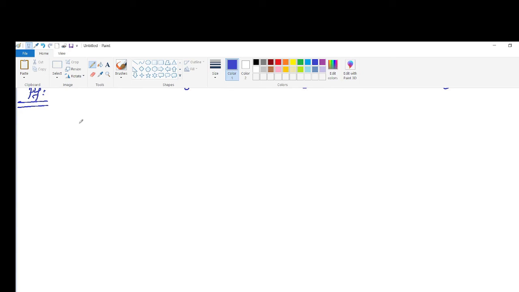The number of ways of properly coloring G such that A and B have different colors is equal to the number of ways of properly coloring G dash, and the number of ways of properly coloring G such that A and B have the same color is equal to the number of ways of properly coloring G double dash.